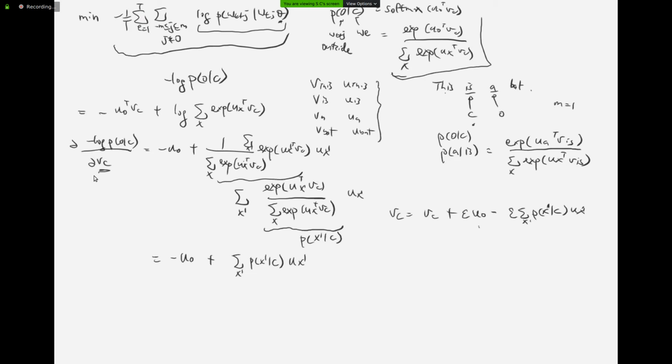At the same time, I subtract the expected U, computed with the current empirical distribution, over everyone. It's a mouthful, but I basically subtract the expected U from my center vector also.